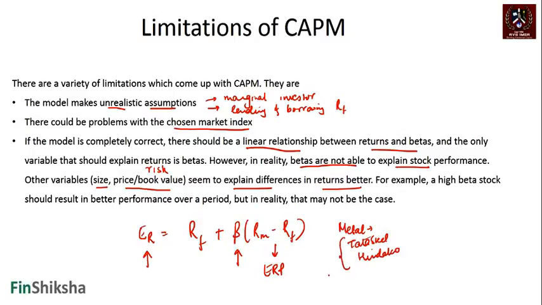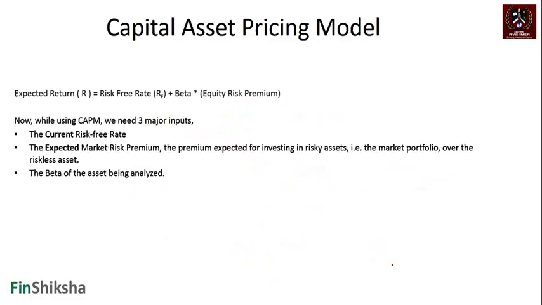Even real estate companies, the likes of DLF, will have high betas. It is expected that these companies will perform better over time, but history does not seem to suggest so. So while CAPM is a simplistic model that we use, it is always useful to be aware of the issues it faces in real life.